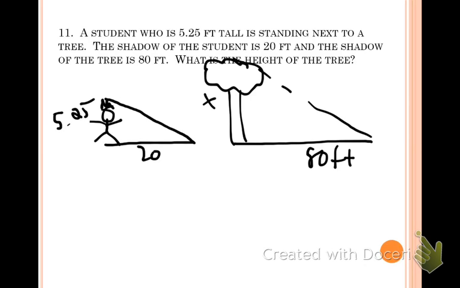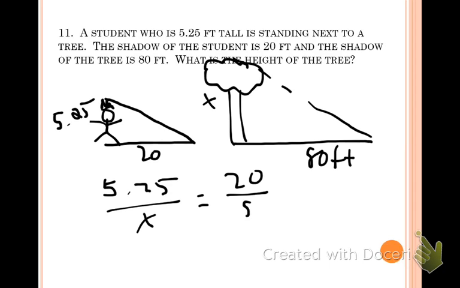We can set up a proportion between our matching sides to find out how tall that tree is. The height of the student can be compared to the height of the tree, and the shadow of the student can be compared to the shadow of the tree. And now you can cross multiply and solve.